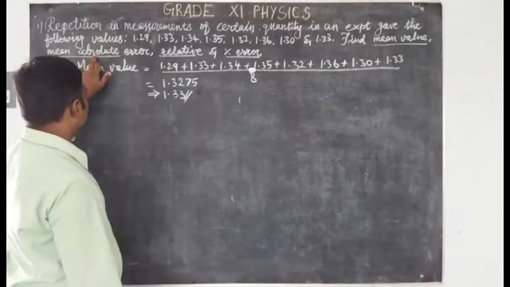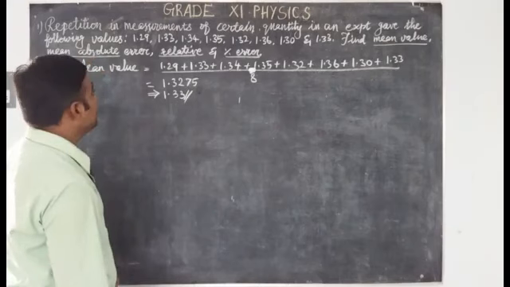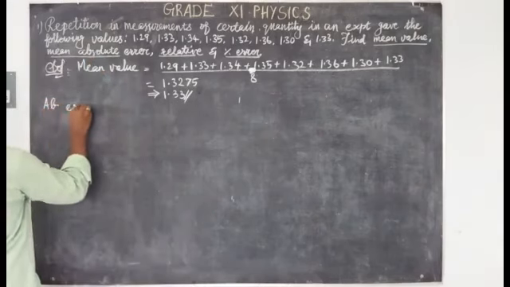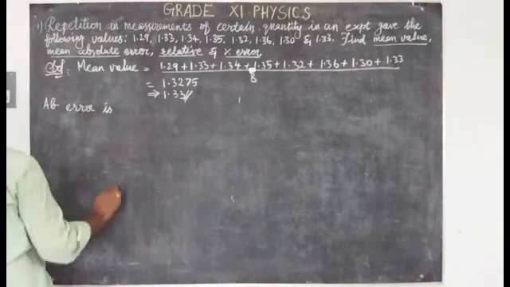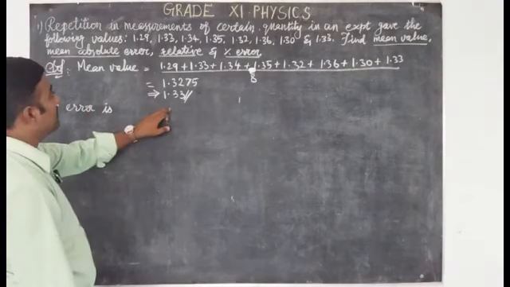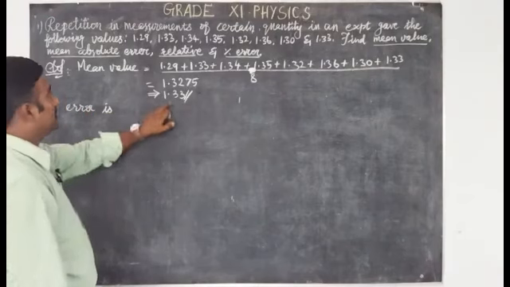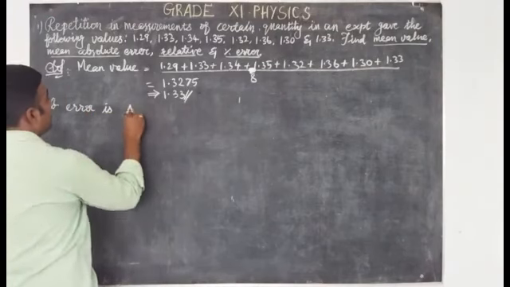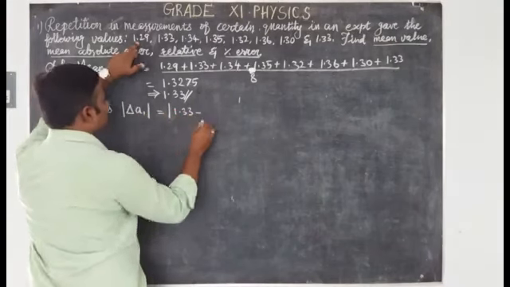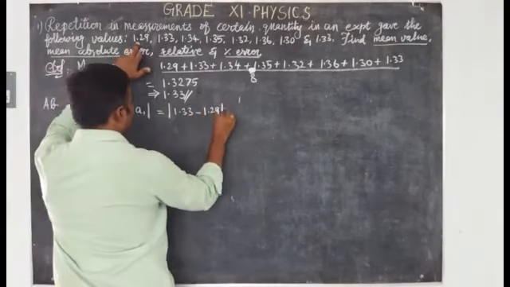Before finding the mean absolute error, first we should find the absolute error. The absolute error is nothing but the difference of this mean value with the individual value. The first one, delta A1, is the difference of 1.33 minus the first value. What is the first value? 1.29.